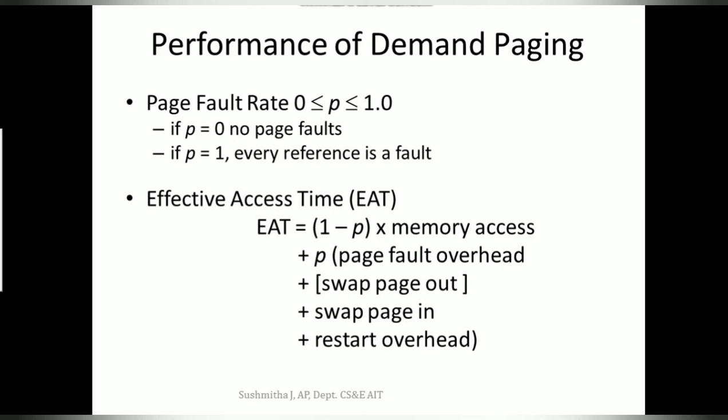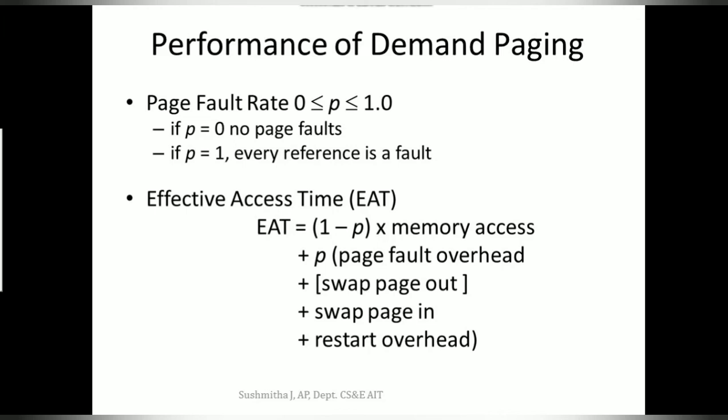If the number of page faults increases, then, as I have already told you, there are a number of activities involved in the page fault. Each of these activities is definitely going to incur some amount of time, some fraction of a second.